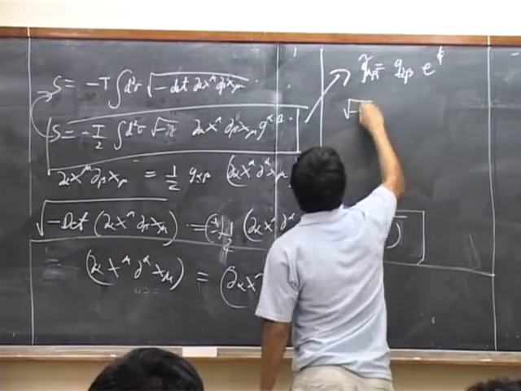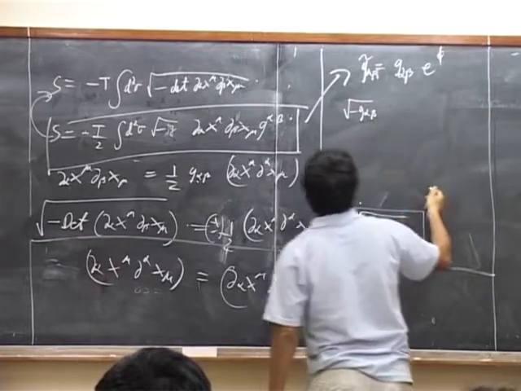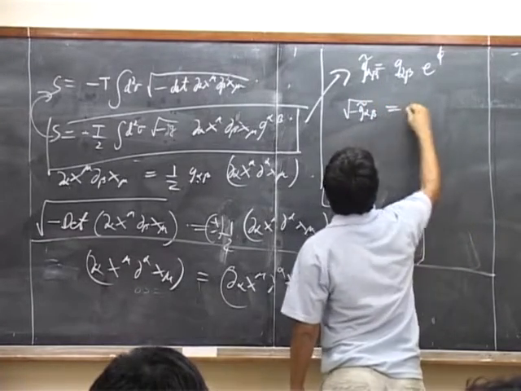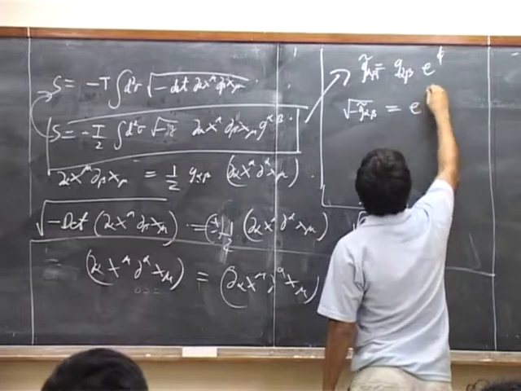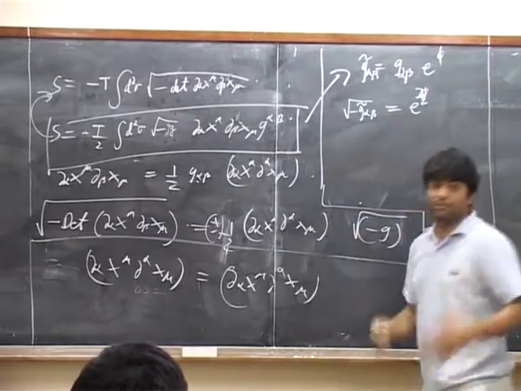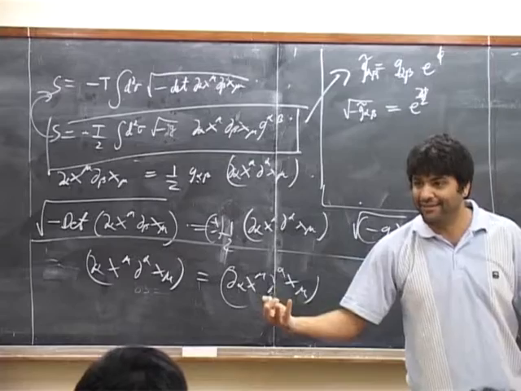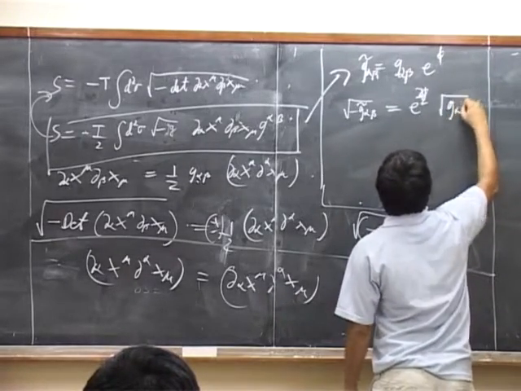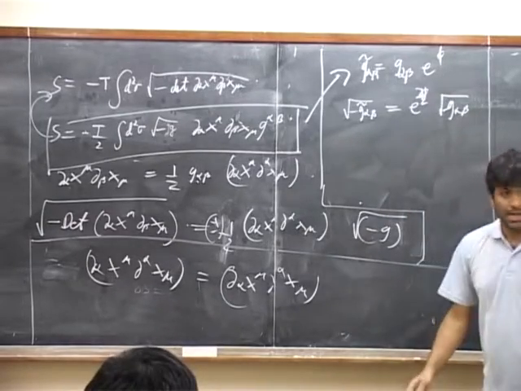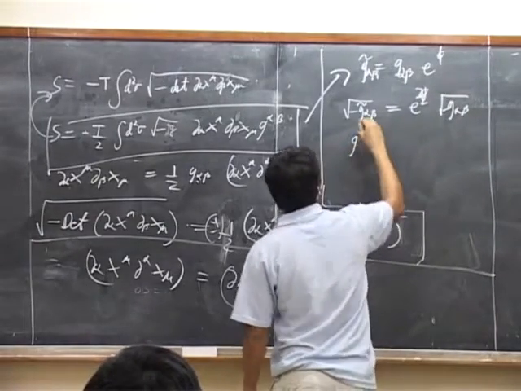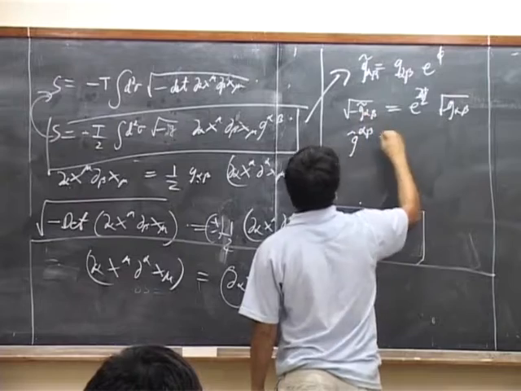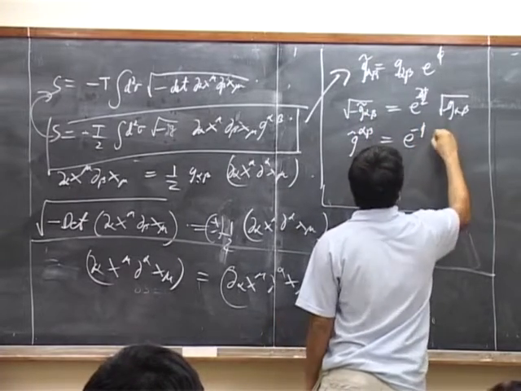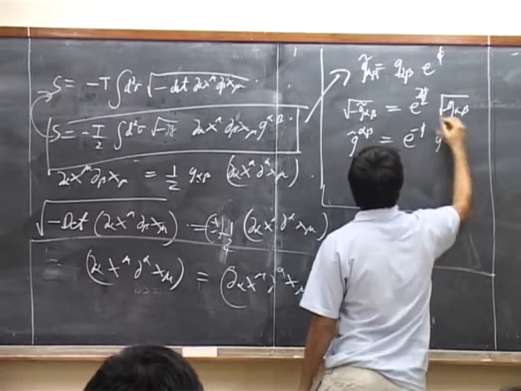Well, square root of minus g tilde is equal to e to the power 2 phi by 2. The 2 phi is because the determinant scales like a square, and the by 2 is because we take the square root. But also g inverse, so g tilde alpha beta is e to the power minus phi times g alpha beta.